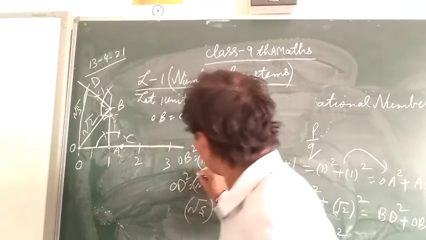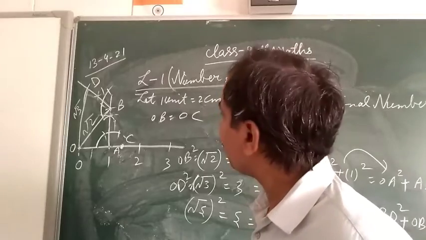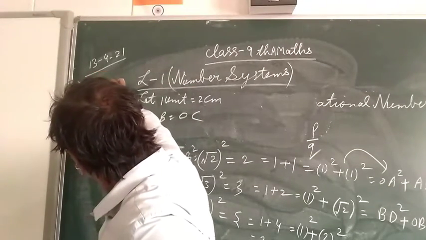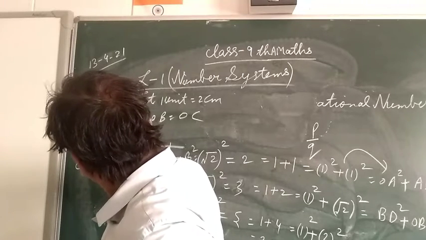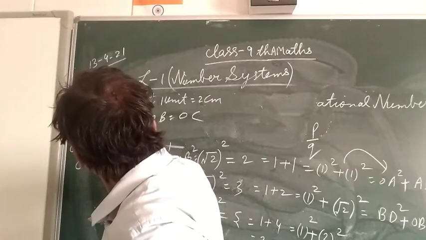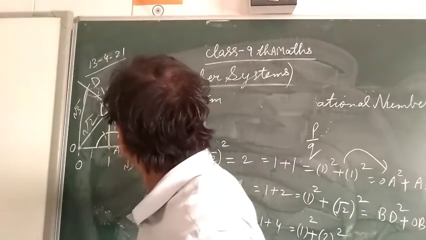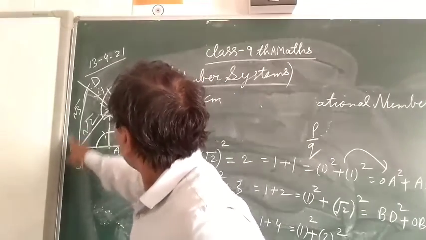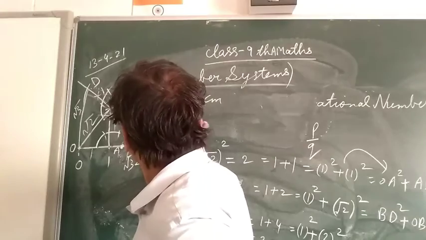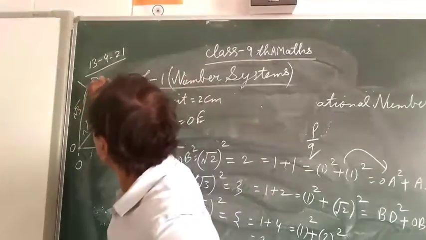Very simple but needs concentration and practice. Clear? So take this distance in compass and then cut 1 arc. Now suppose this point E. OD is equal to OE, because both are radii for this arc.